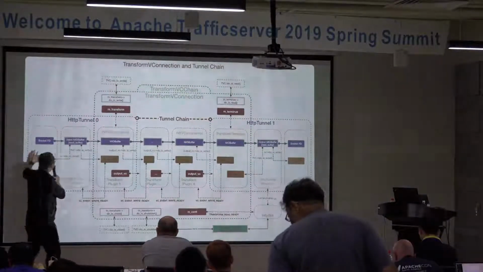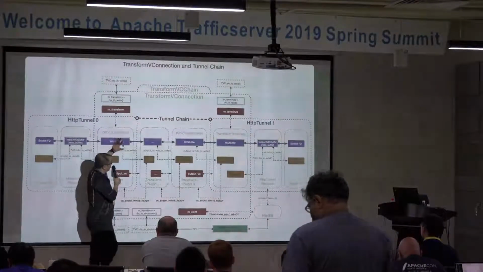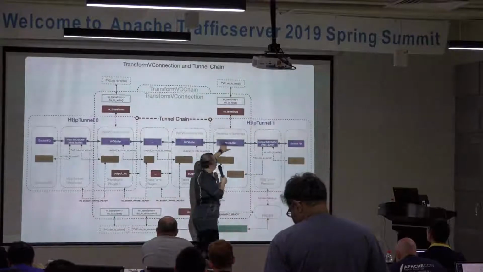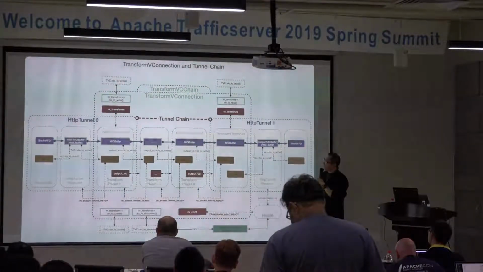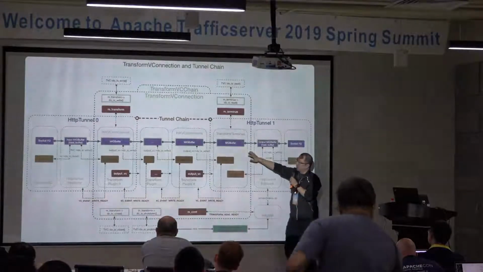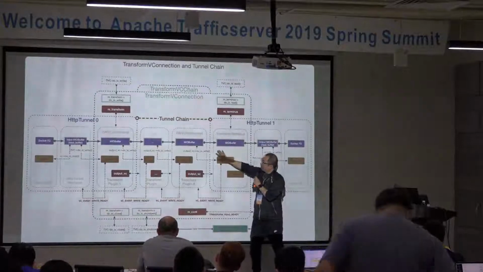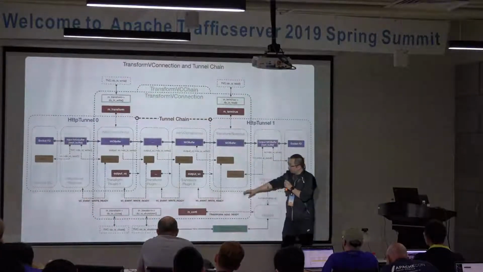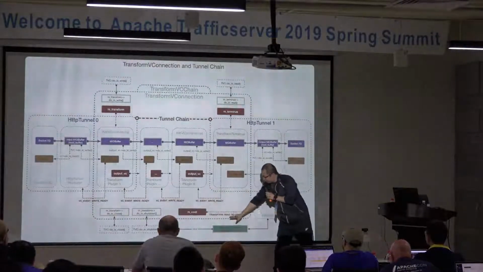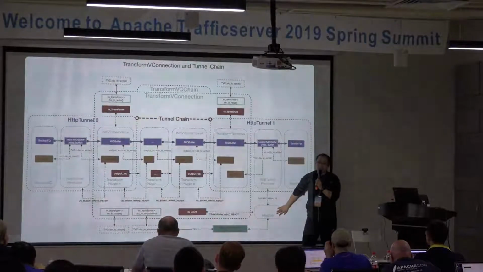The data will be fed into the TransformVC and through the pipe to the output, the transform terminal. When the terminal receives data, or the upstream does a do_write to the transform terminal, it will send the transform read ready event to the owner, HTTP SM.